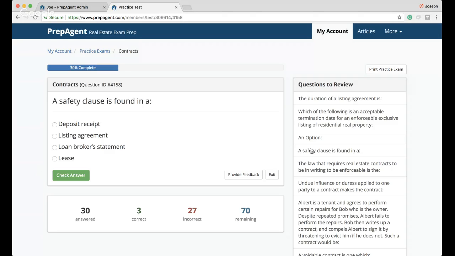A safety clause is found in a deposit receipt, listing agreement, loan broker statement, and leases. What do you guys think?